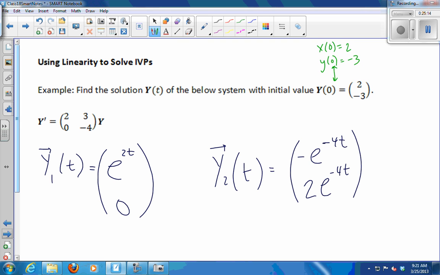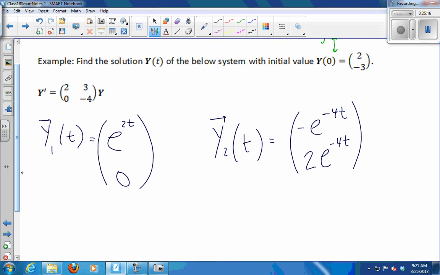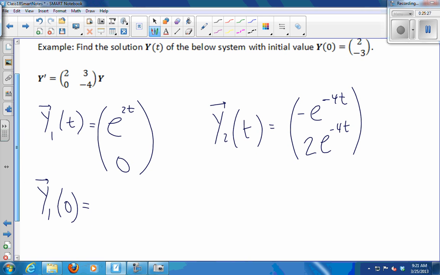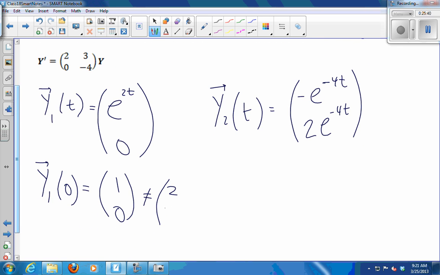Okay. I want to check if either of these satisfies my initial condition. If I plug in 0 for t, do I get 2, -3? Because if I do, then I'm done. I can just say, oh, that's the solution that satisfies my initial condition. So if I plug in a 0 here, I get 1, 0, which is not 2, -3.